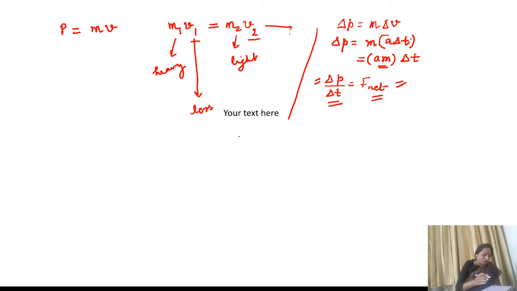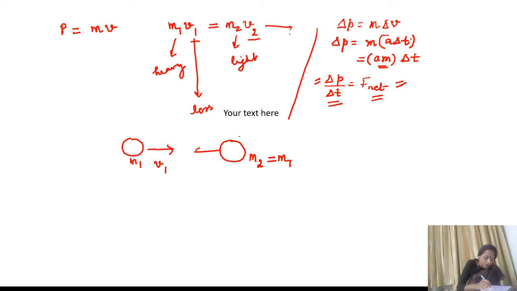Suppose you are having, I have told you, a mass m1 and another object whose mass is m2, and the relation between m1 and m2 is that both are the same. Suppose this is coming with some velocity, say v1, and this one is coming with some velocity, say v2.